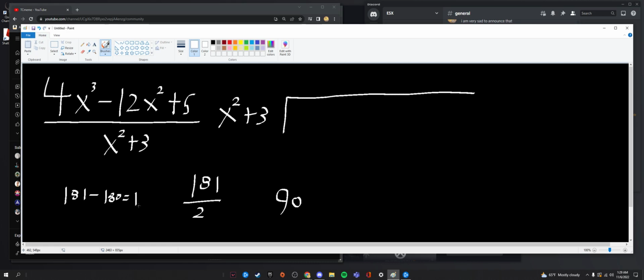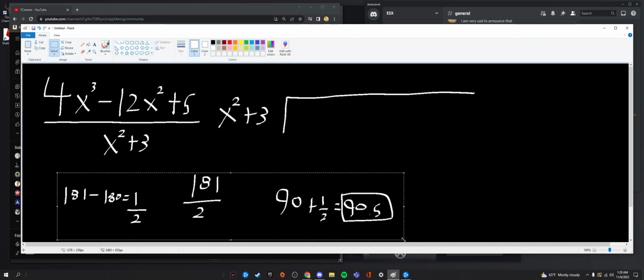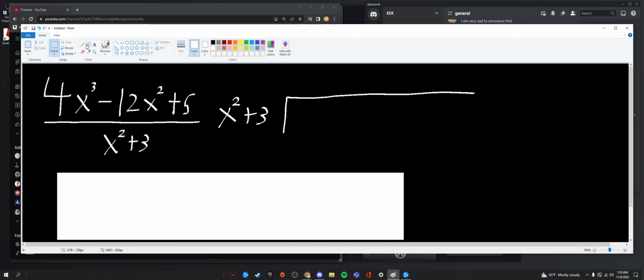Now 2 doesn't go into 1 at all, because 2 is bigger than 1. So instead we just do 1 over 2, and we add that to our answer, and we get 90.5. 1 is our remainder, so we put that over 2, and we get our answer of what 181 over 2 is, using long division.